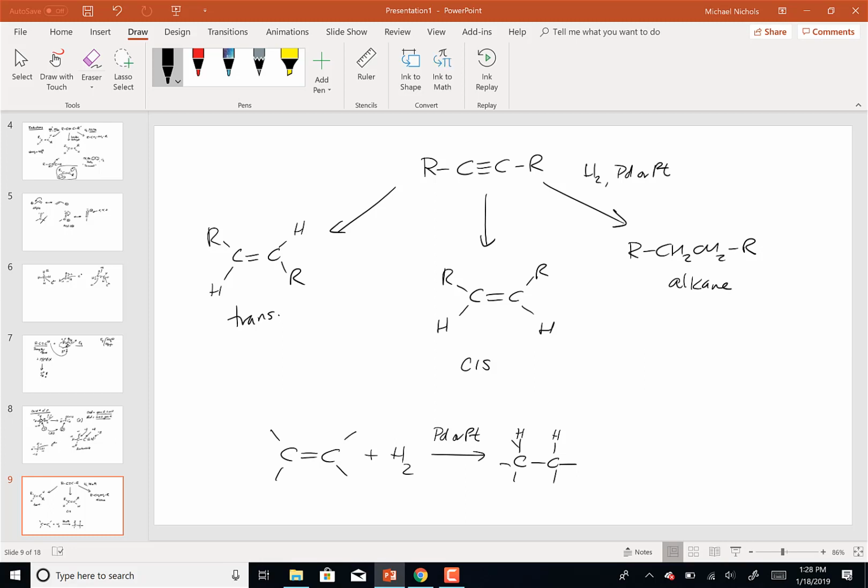And you might say, why? Well, what happens when the triple bond gets reduced by 2 H's? It goes down to the alkene. But if there's extra hydrogen there, then that's going to react with the double bond with palladium or platinum and go all the way down to the alkane.